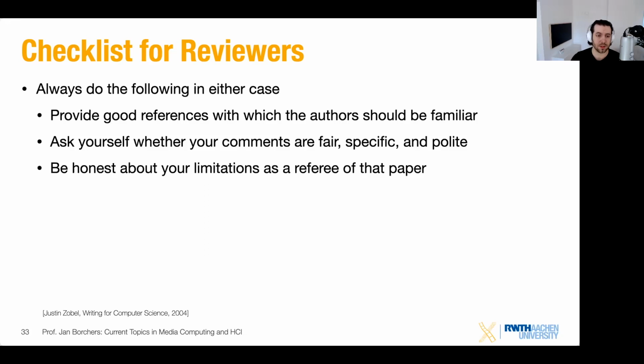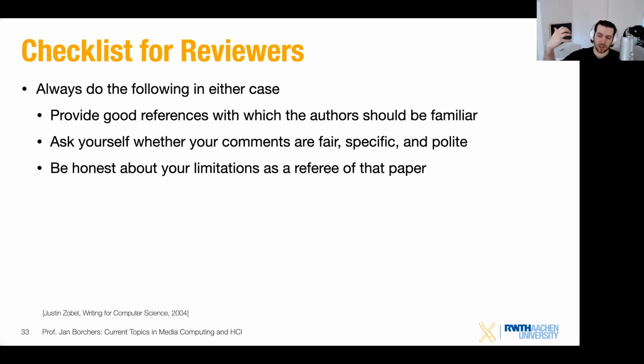And then also be honest about your limitations as a referee of the paper. Are you even able to correctly review this paper? For example, if there's a certain methodology used in the paper and you are absolutely not familiar with it, you can still review the format, for example, and the connection between the results and the discussion part.